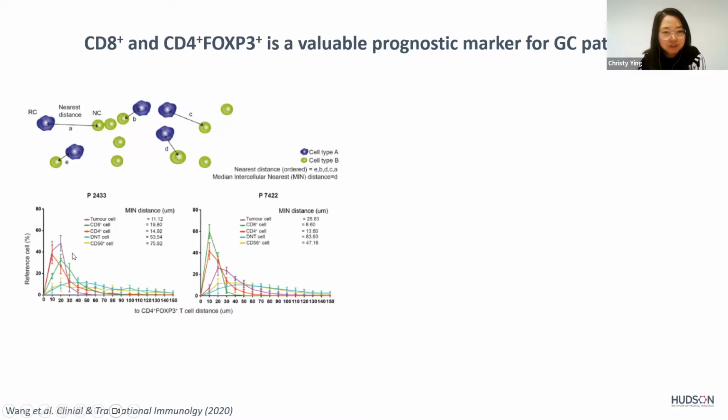From the left panel, in this patient the nearest cells to the Treg cells are tumor cells, while in the other patient, the nearest cells are CD8 positive T cells. So the distances between different immune cells are also heterogeneous, which makes it even more difficult to find more information. That's why we need to get this information out by multiplex IHC technology.